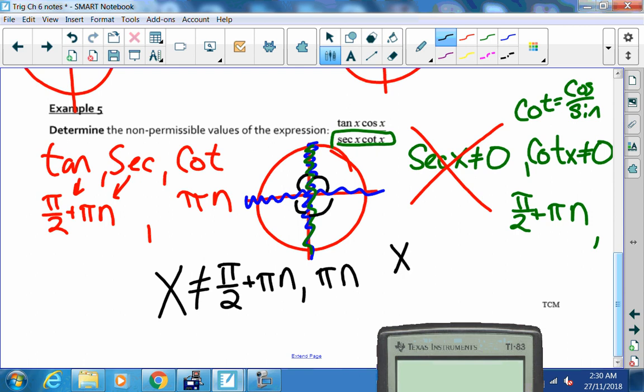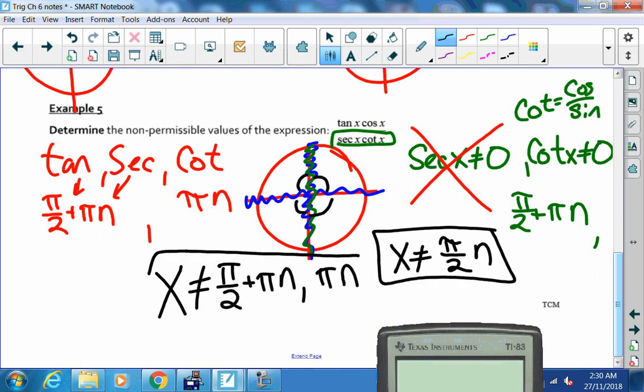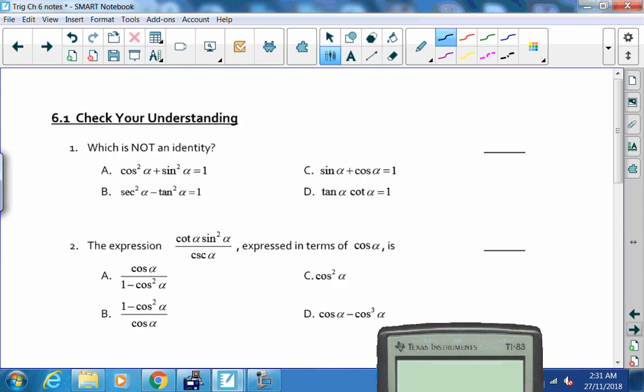So I can just say x cannot equal pi halves n. And that one statement does incorporate both. That's not technically better or more correct. On the diploma and on any test that I'm giving you, I would give full marks for both of those. You don't have to see the summarization piece or how they can combine.